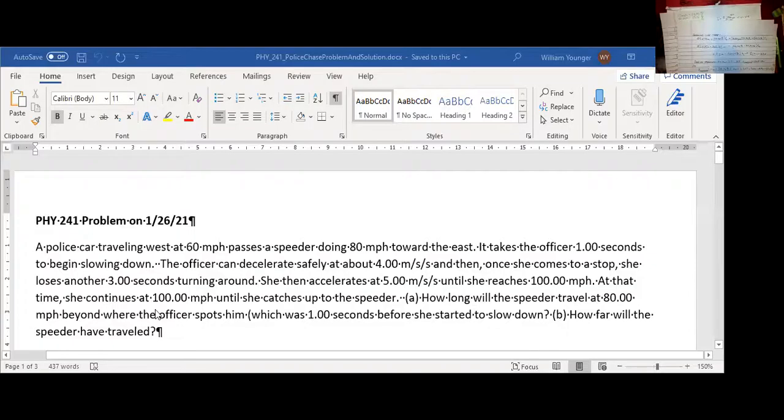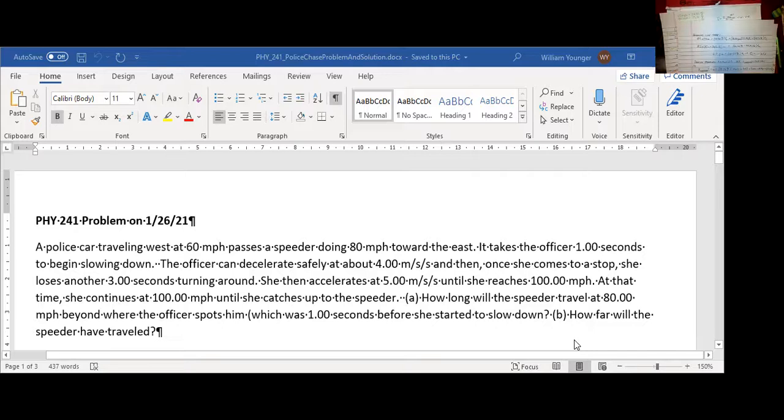So let me finish this up with just letting you look at the problem again. So that was the problem. A police car traveling west at 60 miles per hour passes a speeder doing 80 miles per hour toward the east. It takes the officer 1 second to begin slowing down. The officer can decelerate safely at about 4 meters per second squared. And then once she comes to a stop, she loses another 3.00 seconds turning around.